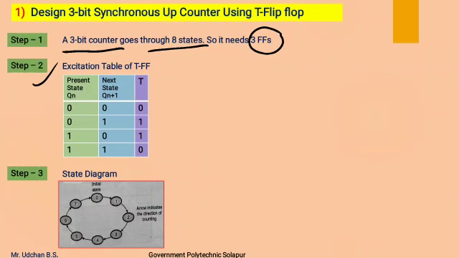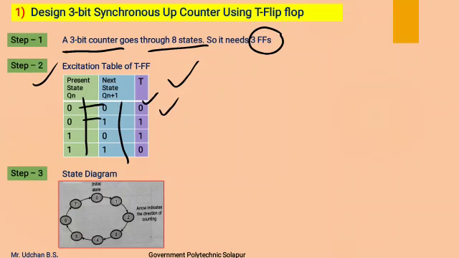We already studied how to write the excitation table of a particular flip-flop from its truth table. Here they have directly written the excitation table of the T flip-flop. This column shows the present state, this column shows the next state, and this column shows the T input of the particular flip-flop. When present state is 0 and next state is 0, then T input should be 0.